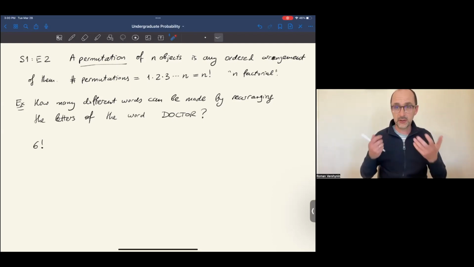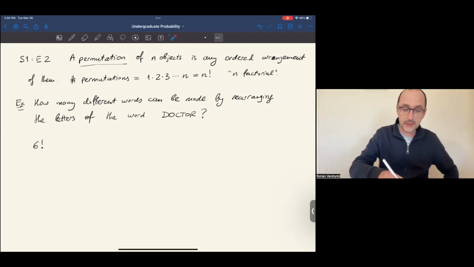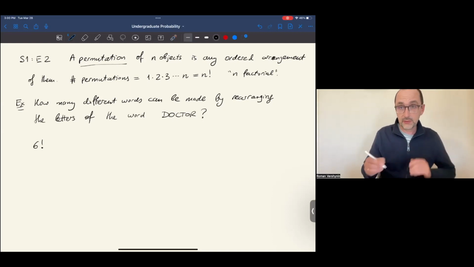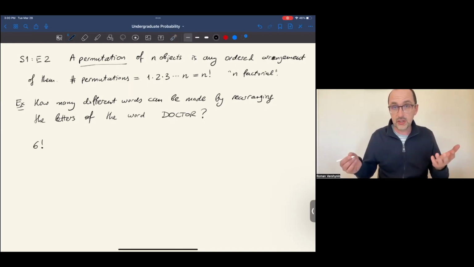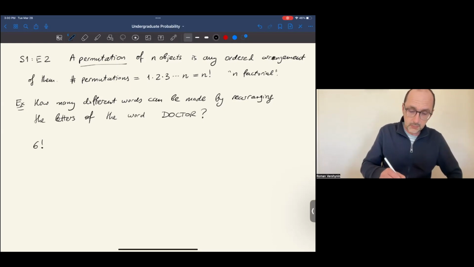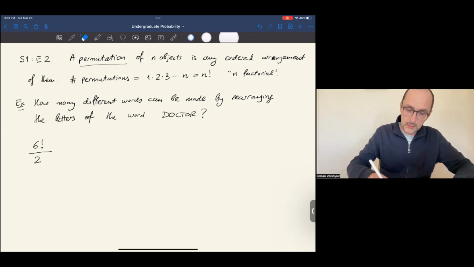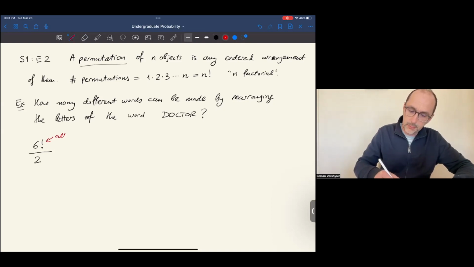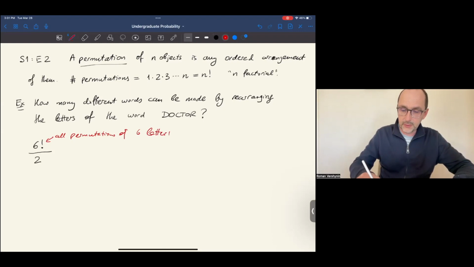We overcounted twice. How do we correct that? Well, since we know we counted every permutation twice and we shouldn't have, to get the right answer we just divide by 2. This is all permutations of 6 letters, thinking that the letters are different.